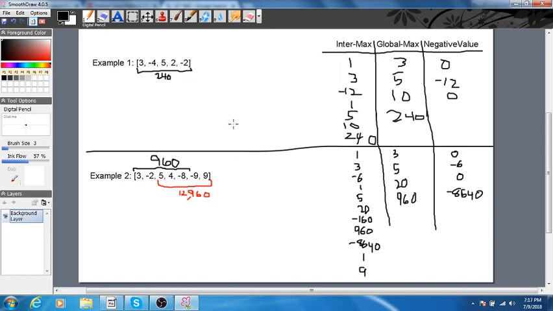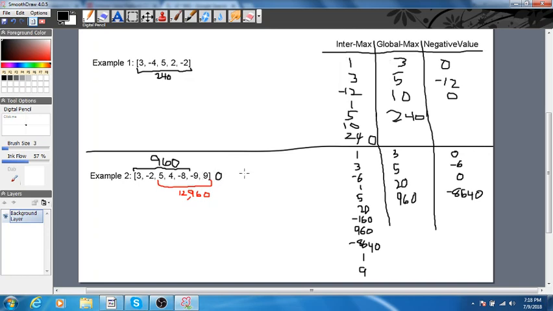because you can, it doesn't really matter which negatives you use. Actually, it might. Well, let's see. So say we had a 0 here.